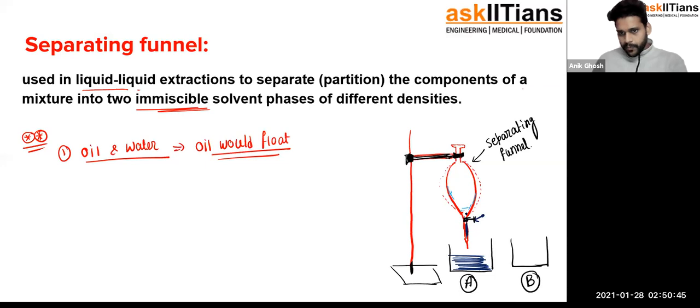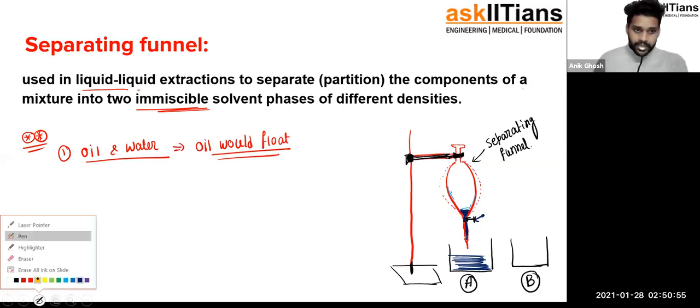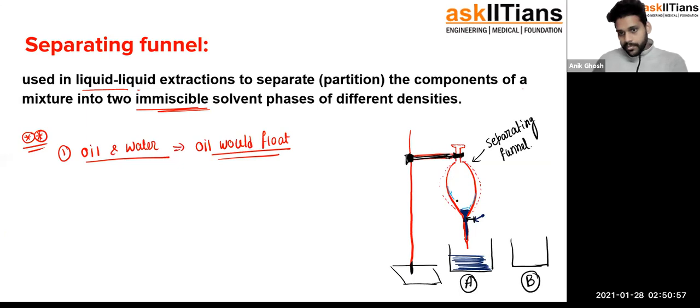The water would be just up to this level, maybe. Just consider a situation where the water is here and the oil is about to come. The layer of the oil is about to come at this position. The entire water is falling, so the air is about to come towards the stopcock, and now I'm going to stop it.